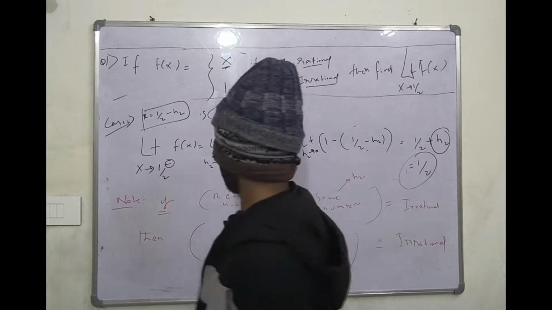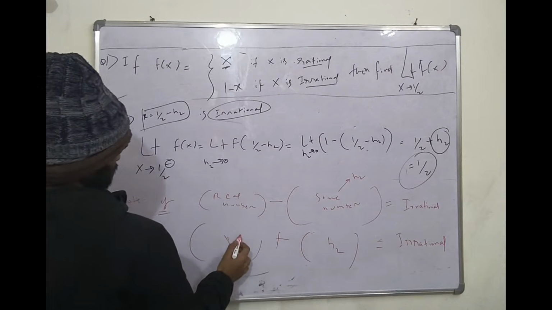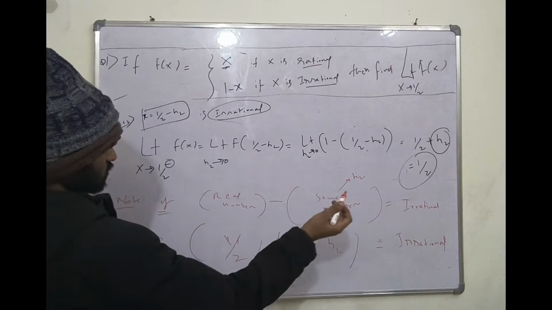Okay, so here the real number is 1 by 2 plus h2 must be irrational.